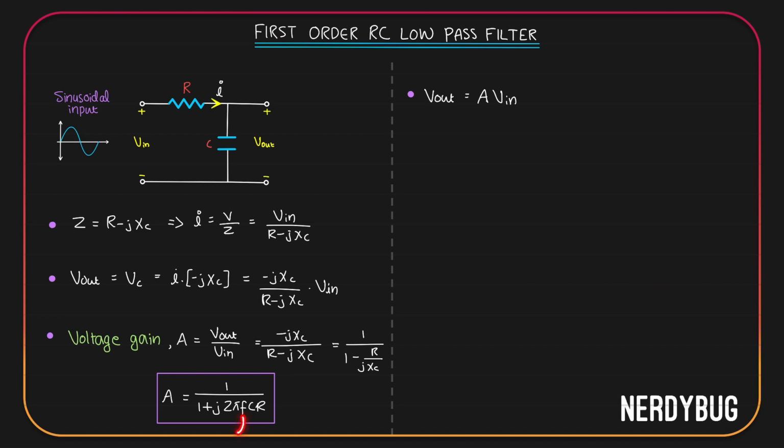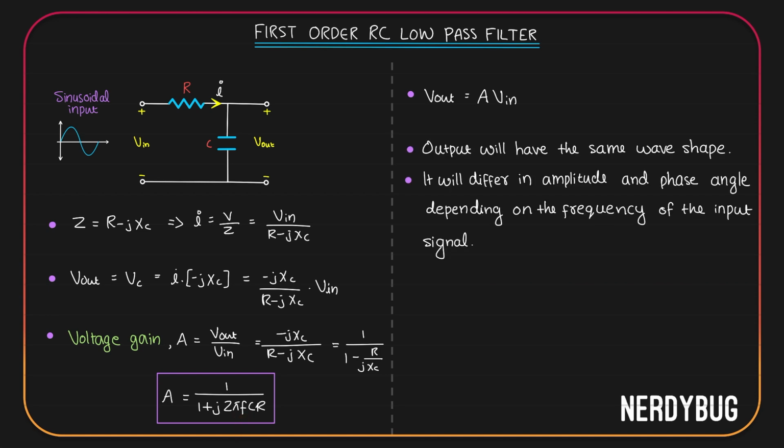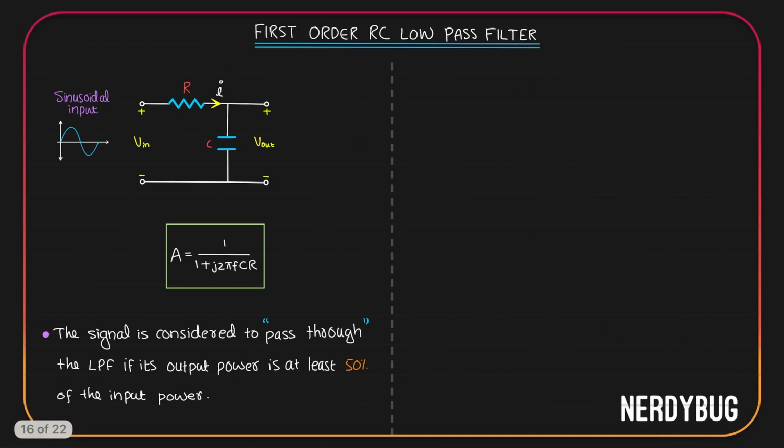It depends on the frequency of the input signal. Let's write it down. Output will have the same wave shape, but it will differ in the amplitude and the phase angle. The difference will depend on the frequency of the input signal itself. So depending on their frequency, different signals will experience different gains for the same circuit.